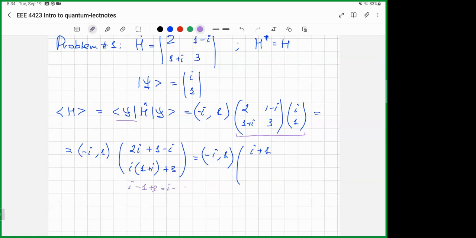So it's I plus 2. Okay, and finally, the product of these two vectors is minus I times I plus 1, right? Yes. And plus I plus 2.